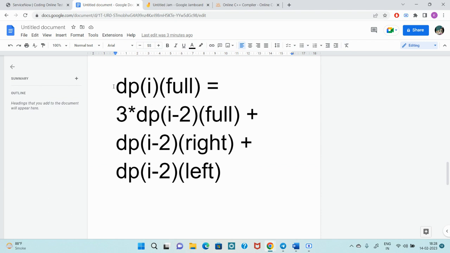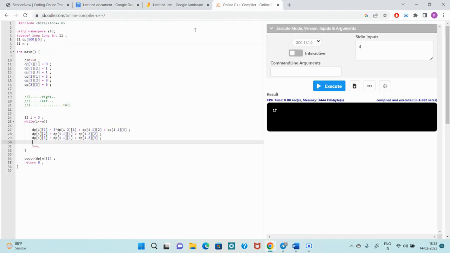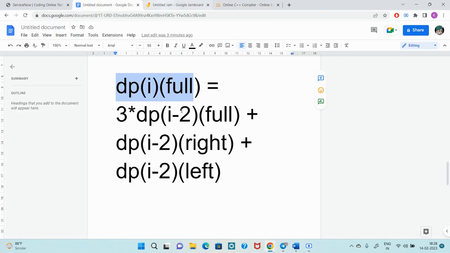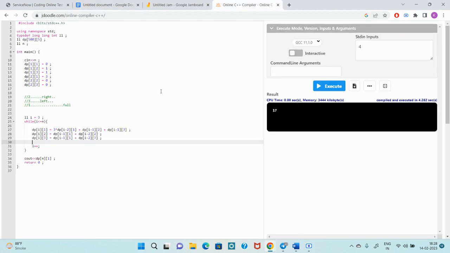dp of I of full, which is dp of I of 1, is 3 into dp of I minus 2. Okay, all should be I minus 2 only.